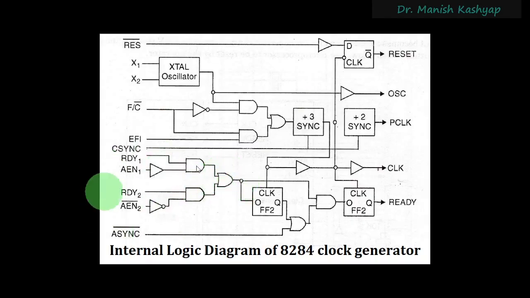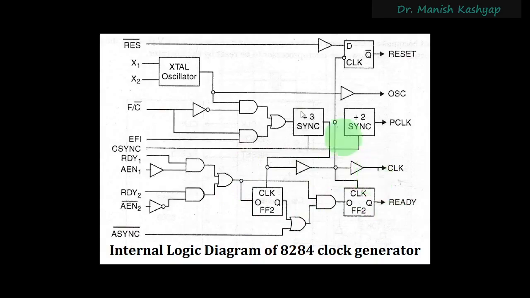So this is used for synchronization. You can see that this complete circuit, which involves these two flip-flops, is a divide by 4 counter. This was divide by 3, this was divide by 2, and here they have elaborated the circuit, and this is called the divide by 4 counter. The ready signal is drawn from this divide by 4 counter circuitry.